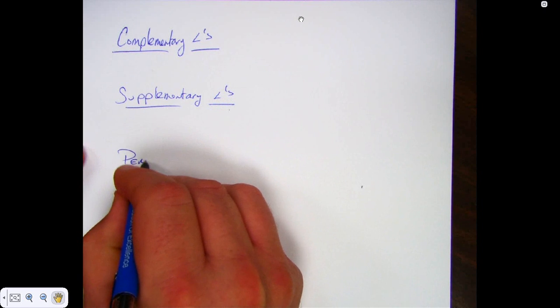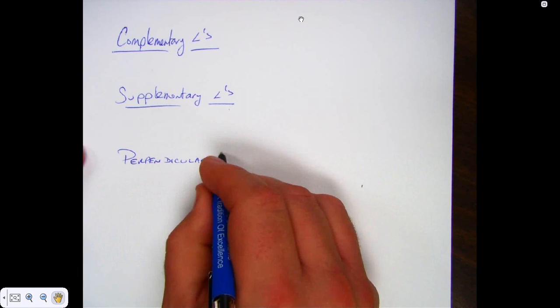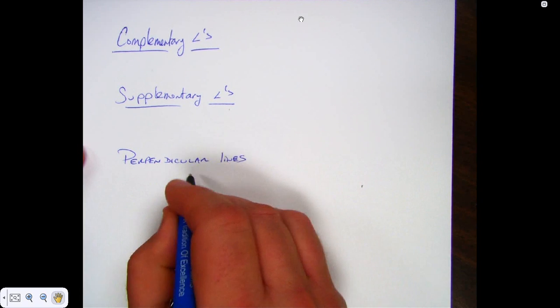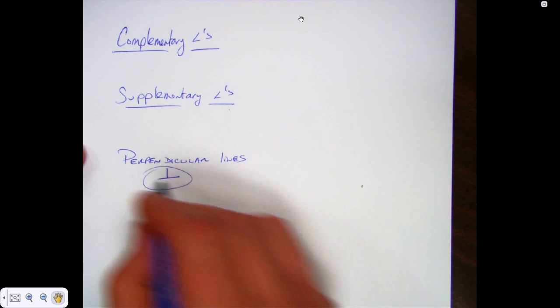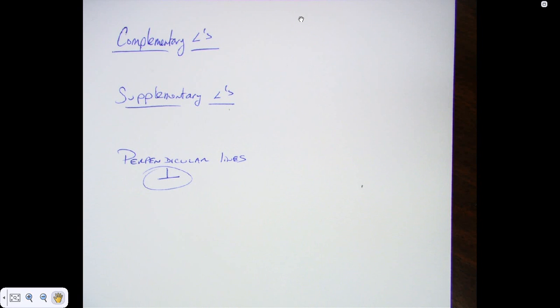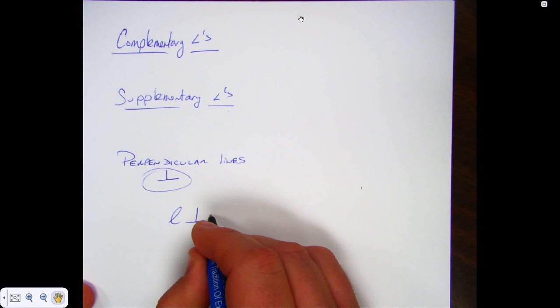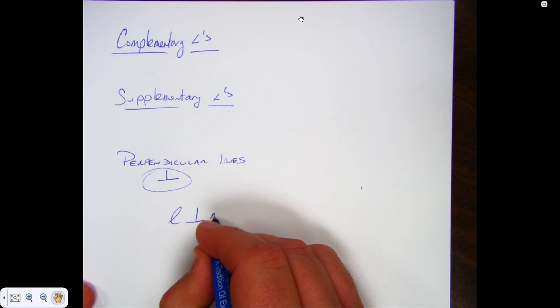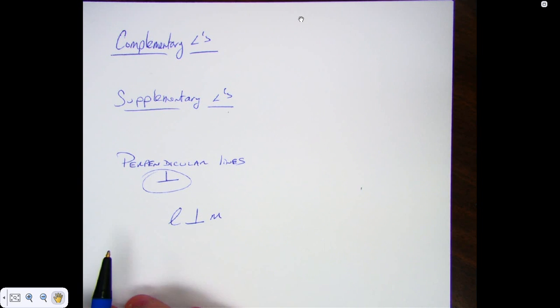And we'll say perpendicular lines. The sign for perpendicular is that right there, that upside down T. If I wanted to say L is perpendicular to M, I can use that instead of writing perpendicular, and I'll draw a picture for that.